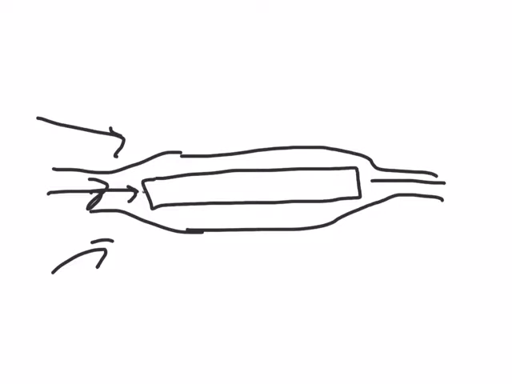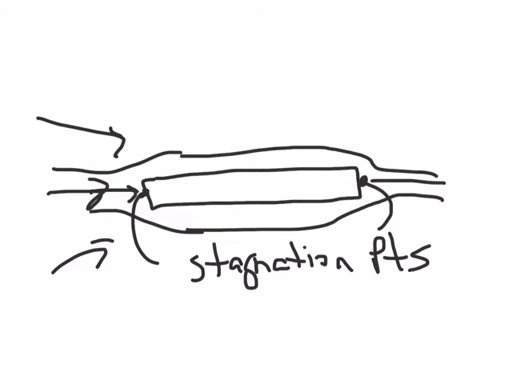Right here, air is not going to flow through. It's going to stop at this point and at this point. We call these stagnation points. Okay. So if we look at figure 2.5 and knowing that these are stagnation points, what we mean by stagnation points, at this point V is 0 and dynamic pressure is 0.